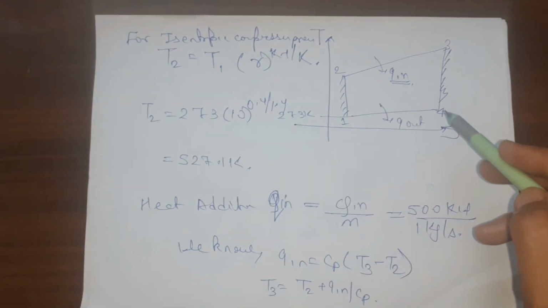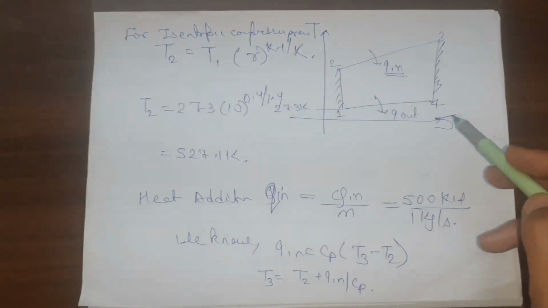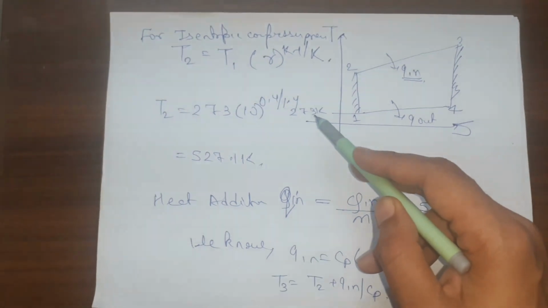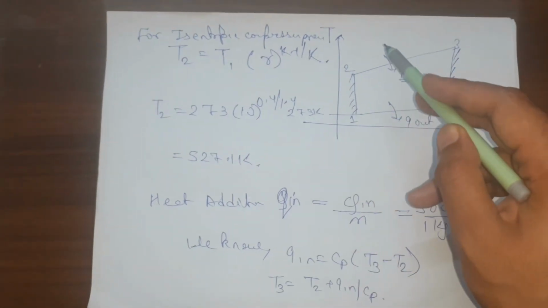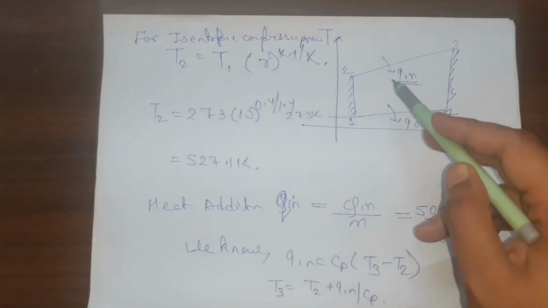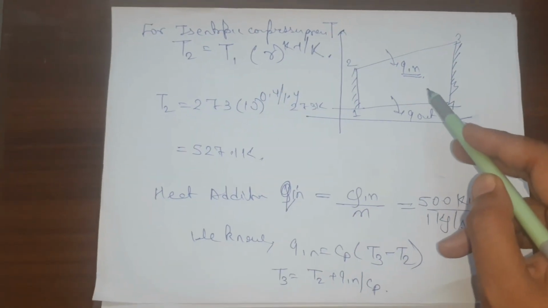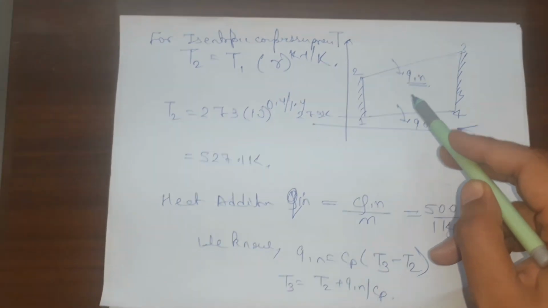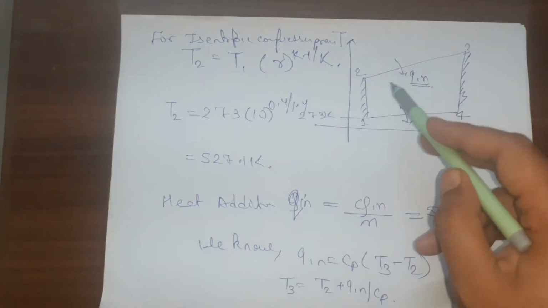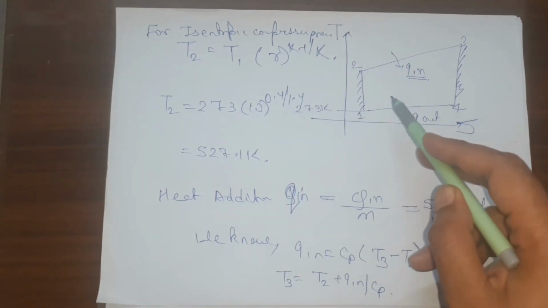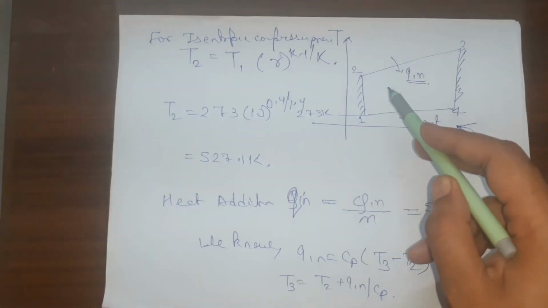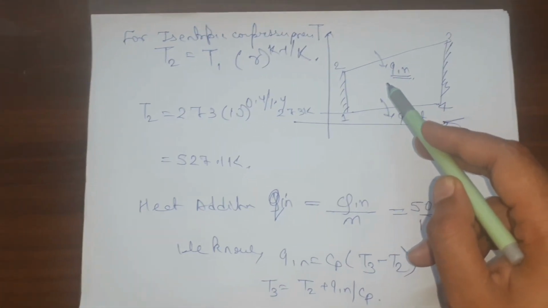In the T versus S diagram for this process, the initial temperature is given as 273 Kelvin. Heat Q is inlet from 2 to 3, and from 4 to 1 heat is outlet. In the process 1 to 2 it is an adiabatic process, so no heat is going out to the surroundings.